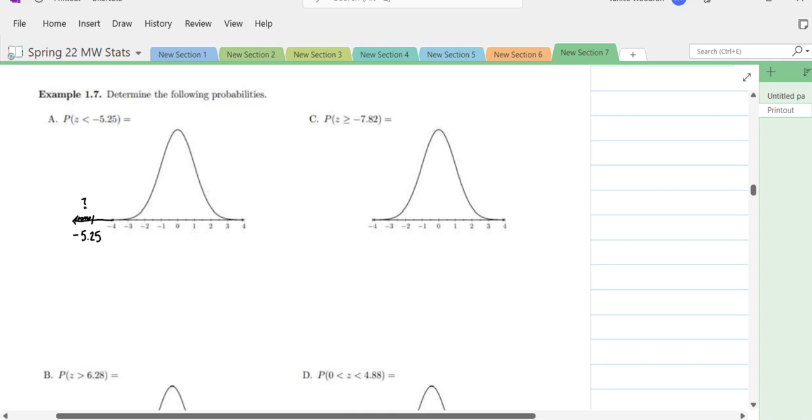Okay, so that is probably going to be pretty close to 0, if not 0. I can't even look that up in the table. So I would have to do this in my calculator. And if you didn't have a calculator, you would just put 0, because it's not even on the table. But from -99 to -5.25, if you know that the total area is 1, that's got to be close to 0.